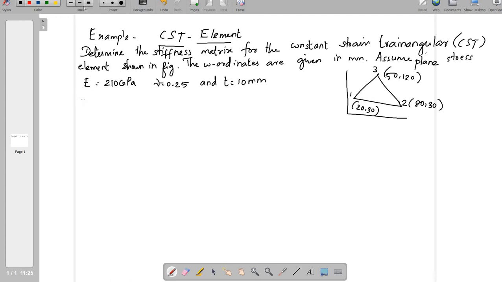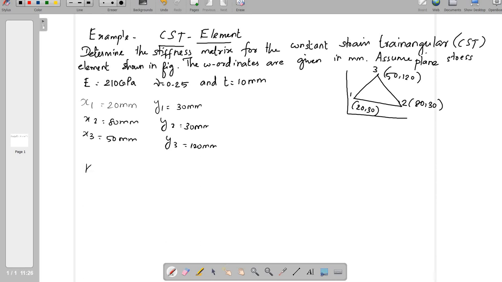So first of all, the coordinate x1 is equal to 20 mm and y1 is equal to 30 mm, x2 is 80 mm, y2 is 30 mm, x3 is 50 mm, y3 is 120 mm. So our strain displacement relationship is about substituting the coordinates only.